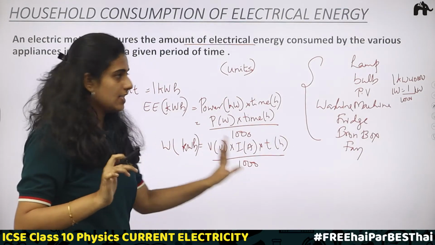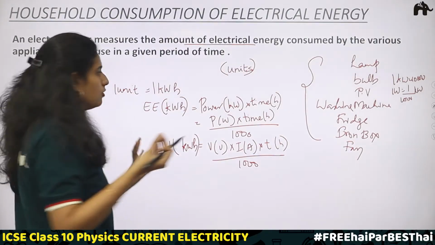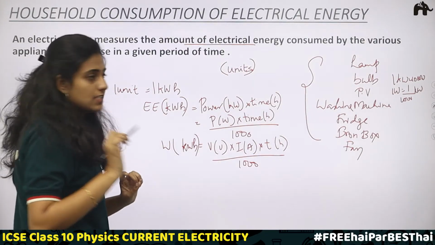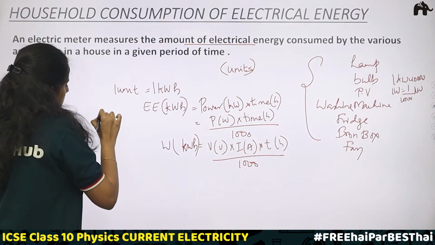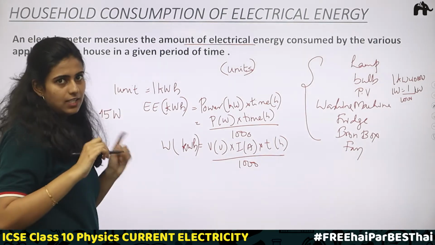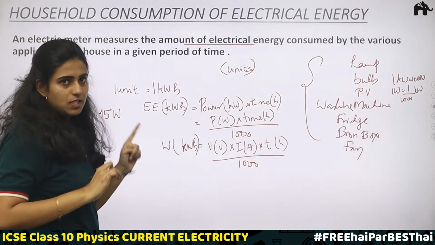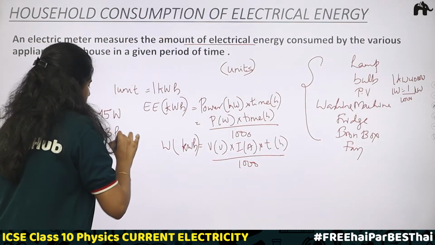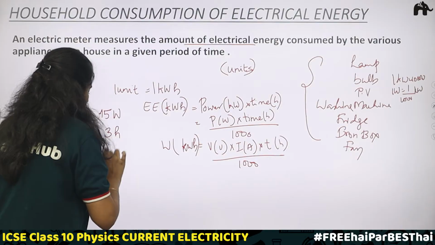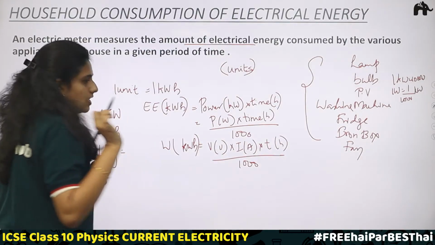For example, let's say there is a device. Let us take the case of an electric bulb. The electric bulb is consuming 15 watts of power, and this device is being used for 3 hours. Just a simple calculation, 3 hours per day. In 1 day, what is the electrical energy consumed?